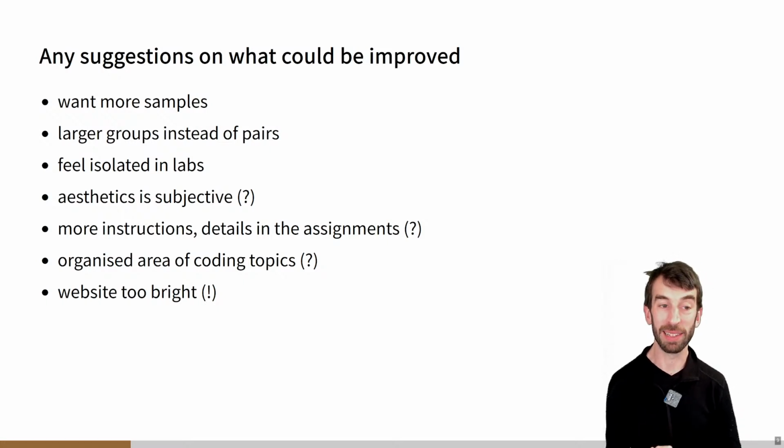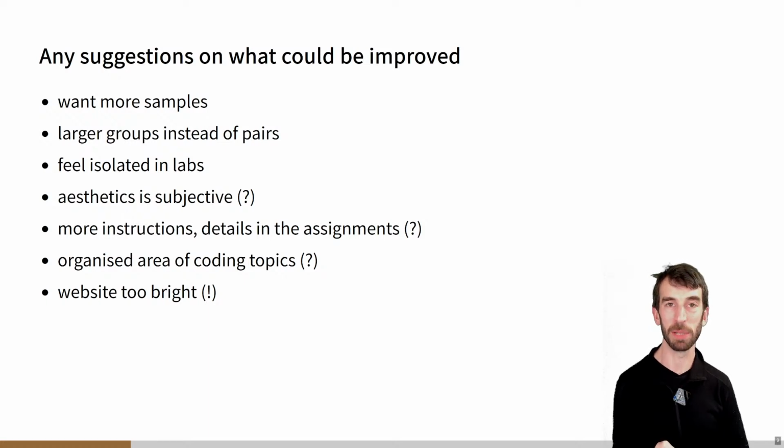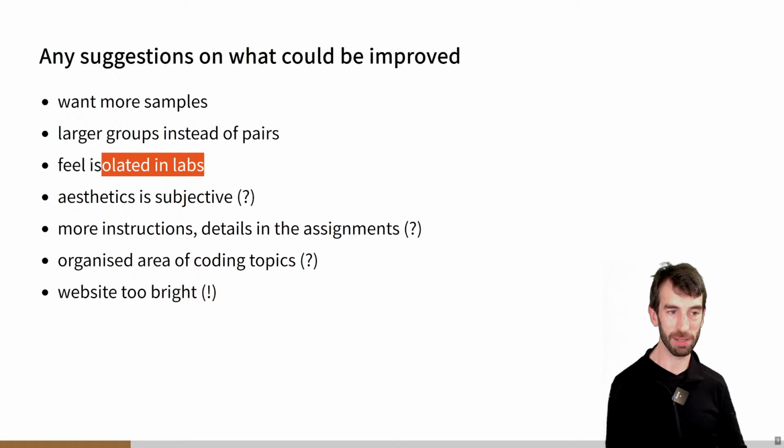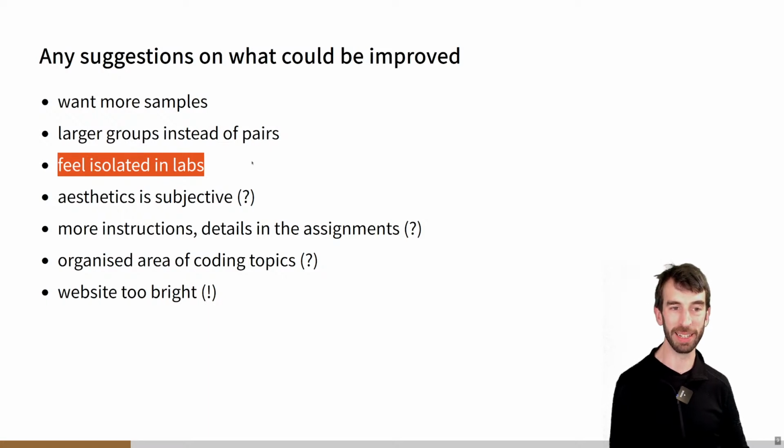People who would like larger groups instead of pairs, I hear that. That's an interesting perspective. Feeling isolated in labs, that's a really tough one. Those two things are related. They're to do with how we've designed our lab tasks. Doing online labs is one of the hardest things to do. It's really hard to do an online lab and build a sense of community. So I'm really concerned about this feeling, that people are feeling isolated.